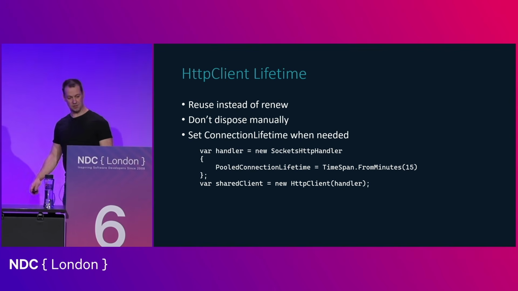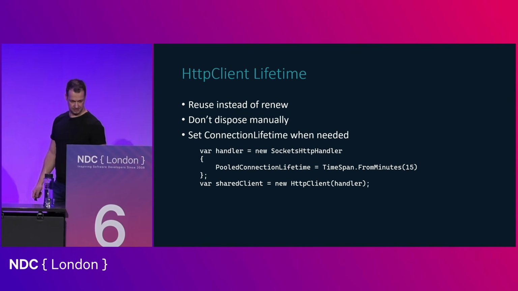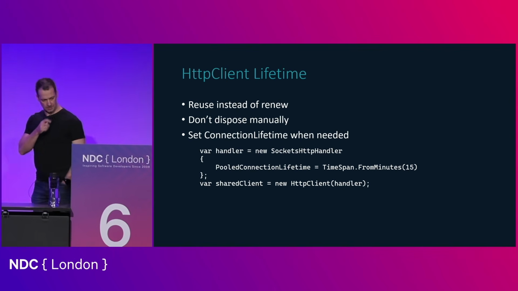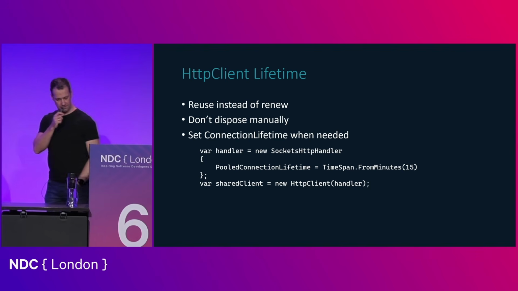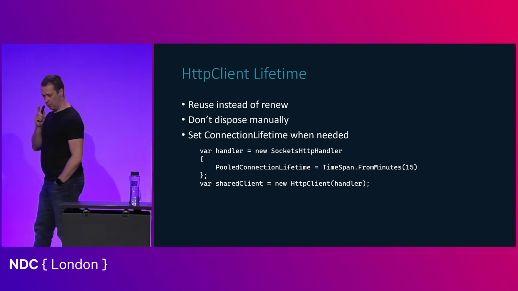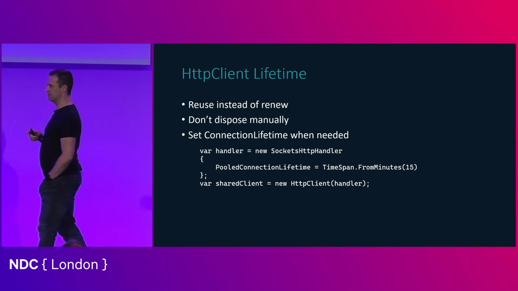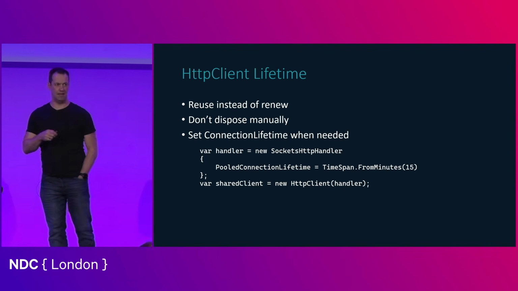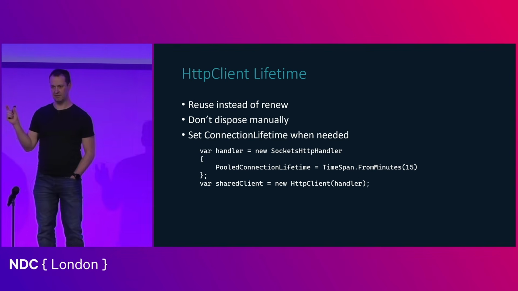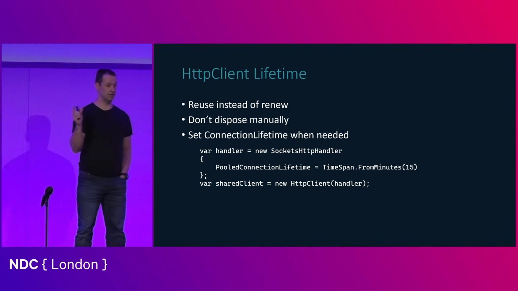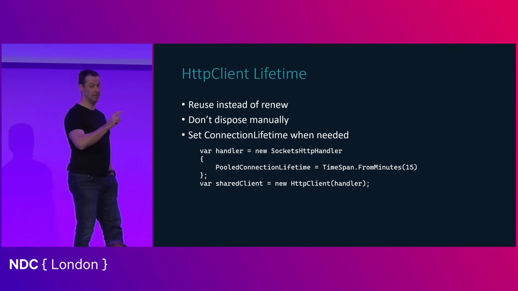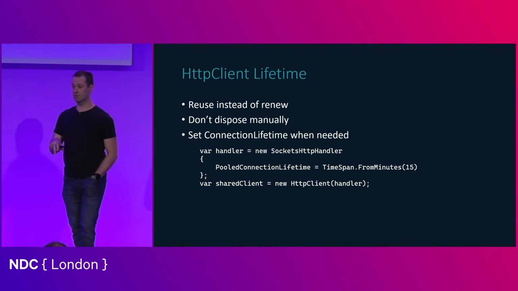This is how you can set the connection lifetime. Why would you need to set the connection lifetime? Because if you don't do this and your DNS gets updated, meaning that your endpoint gets a new IP address, that update won't make it into your client factory.